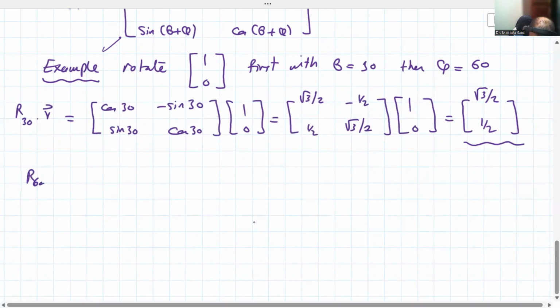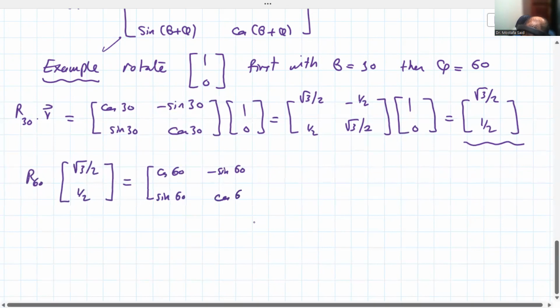Then you take that and you multiply it by R60. So R60 is cosine 60, minus sine 60, sine 60, cosine 60, multiplied by the vector square root of 3 over 2 and half. Cosine 60 is half, sine 60 is square root of 3 over 2.